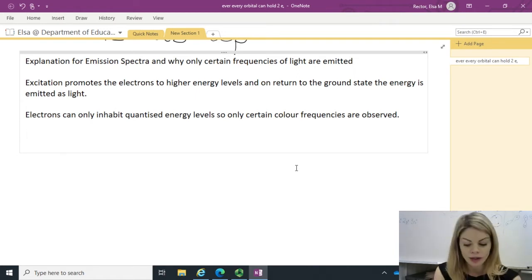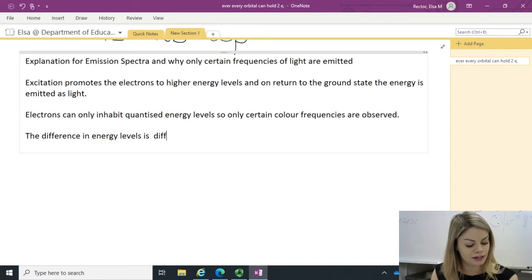Okay. This is another important sentence. The difference in energy levels is different for different atoms.